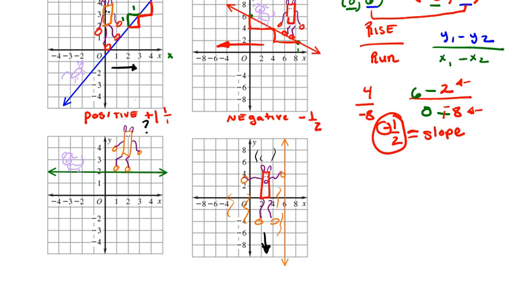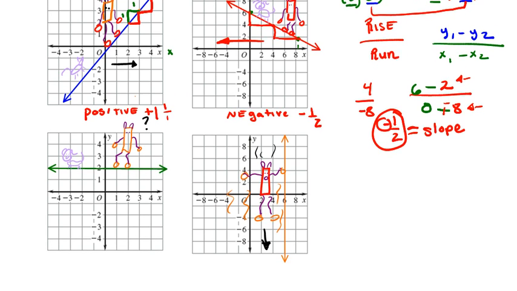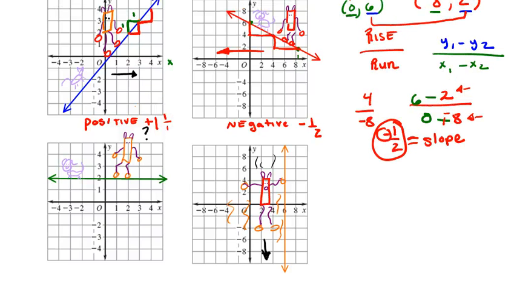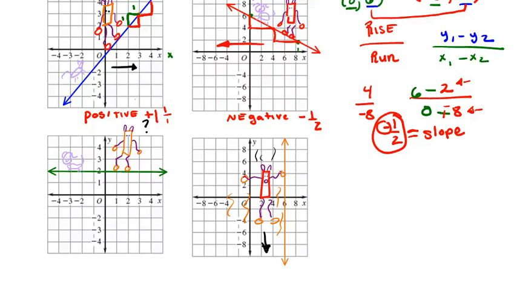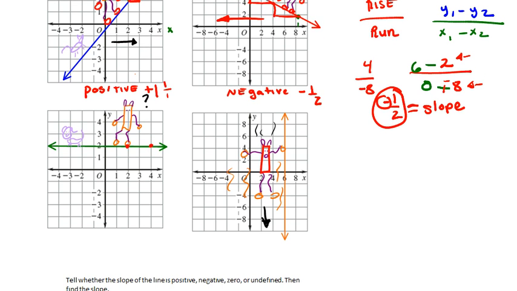Now let's look at these two lines. These two are special lines. Let's find 2 points on our line here. Let's say this one and this one. And again, we're going to calculate the slope. So this would be (2, 2) right here.